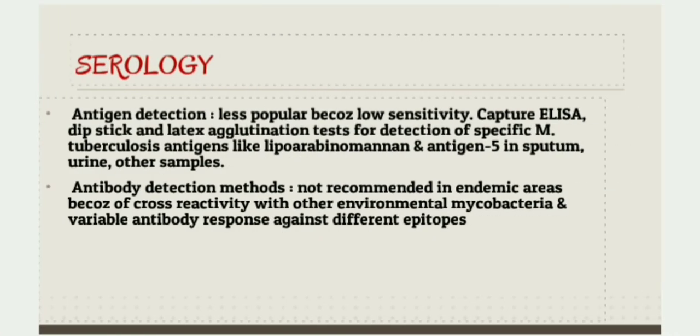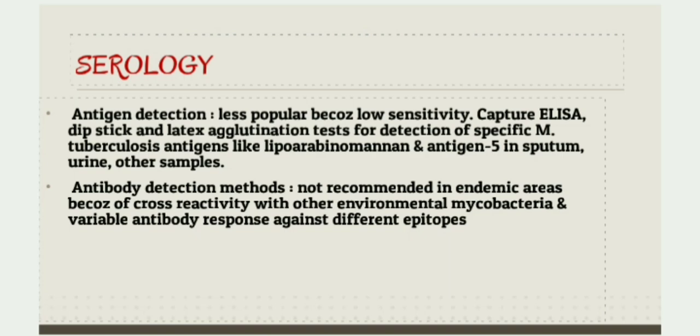Next, let's discuss serology. We know it is the scientific study or diagnostic examination of blood serum, especially with regard to the response of the immune system to pathogens or introduced substances. We have two methods over here, antigen detection and antibody detection.